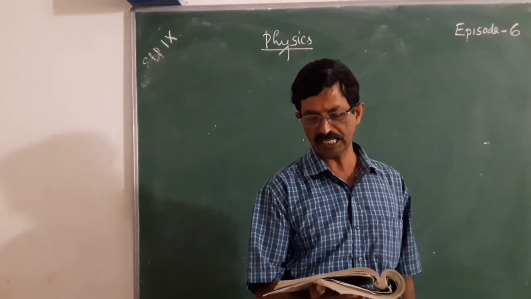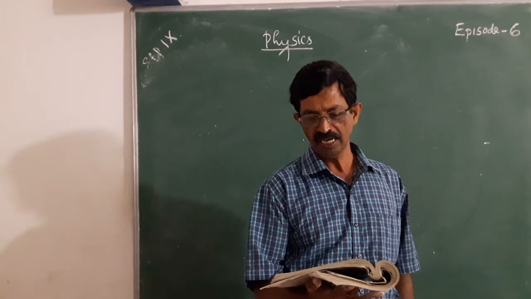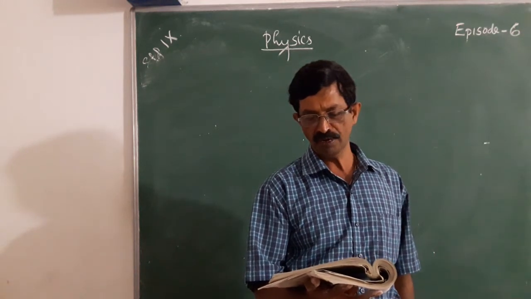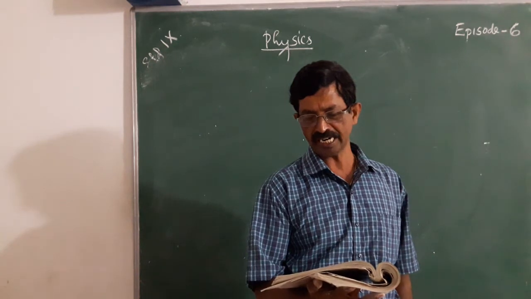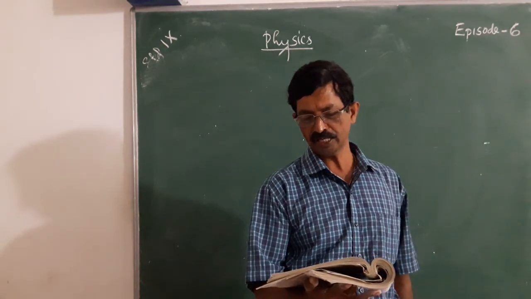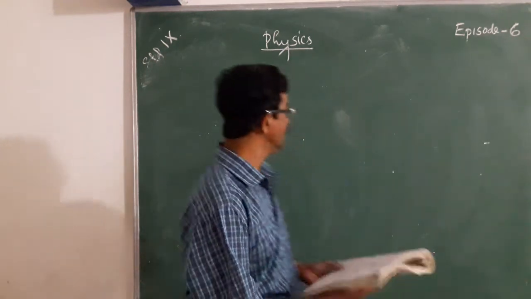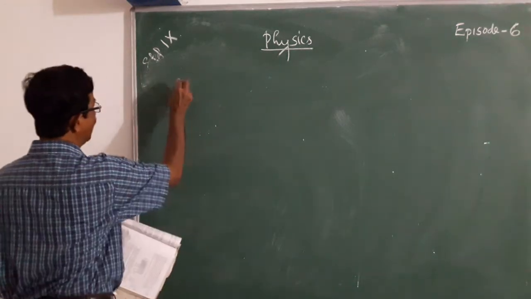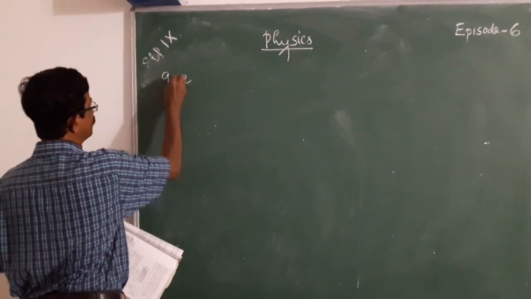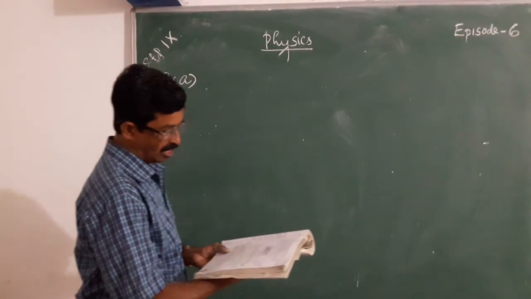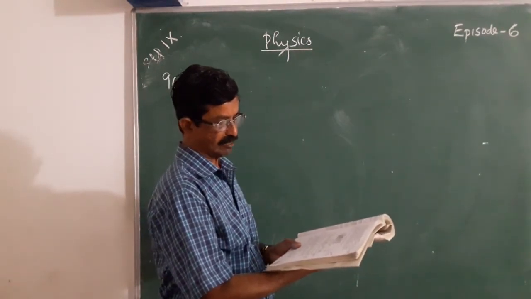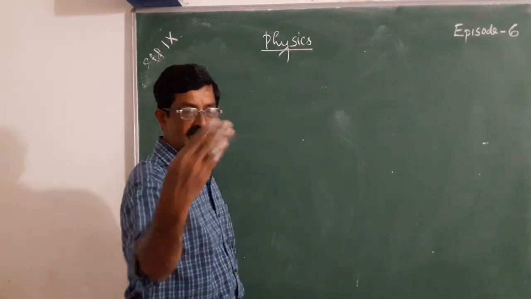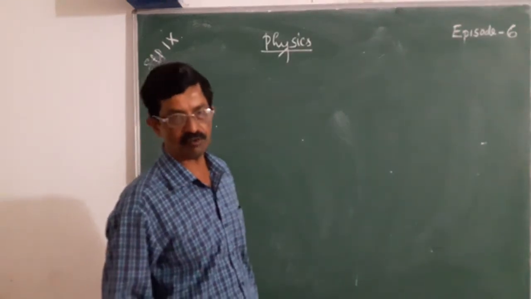First, 9A: an object with a constant acceleration but with zero velocity. That means there is acceleration but velocity is zero.